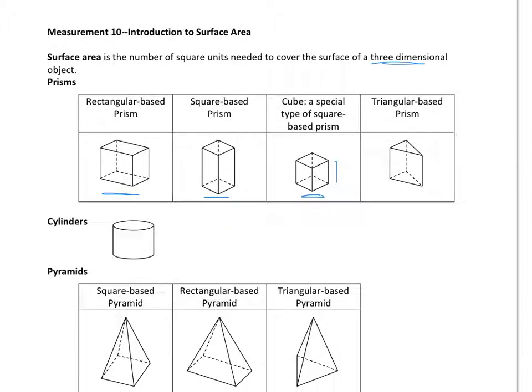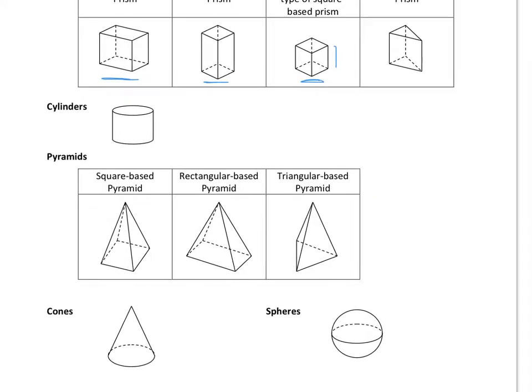A cylinder is like a prism, except that the base is a circle. So if you flipped that over and sliced it, you would have circular slices, and they'd all be exactly the same size. A pyramid, on the other hand, has a point, and we're only going to look at pyramids where the point is directly above the center of its base.